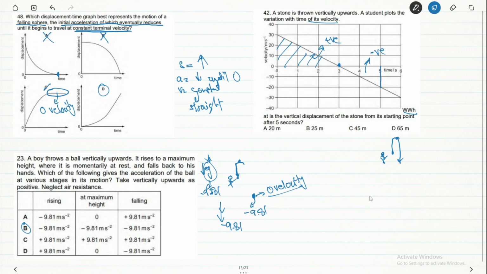So if the ball starts here, the positive displacement is, let's just calculate this, 3 times 30 times 1/2, right? So 45 meters. So this displacement is 45 meters.